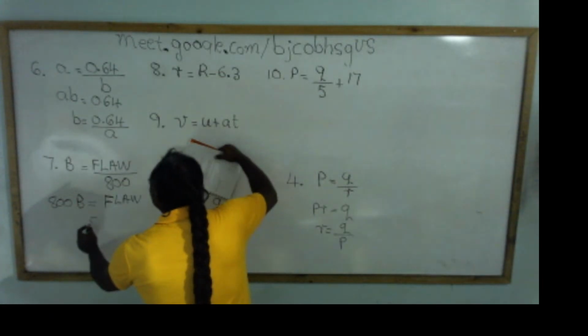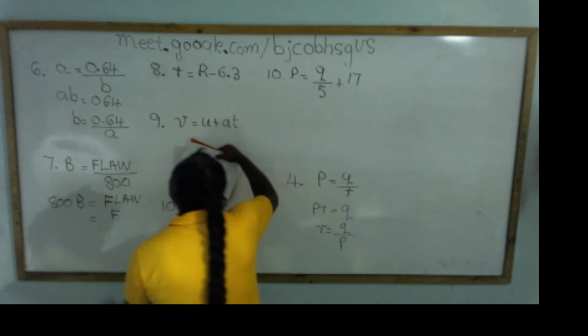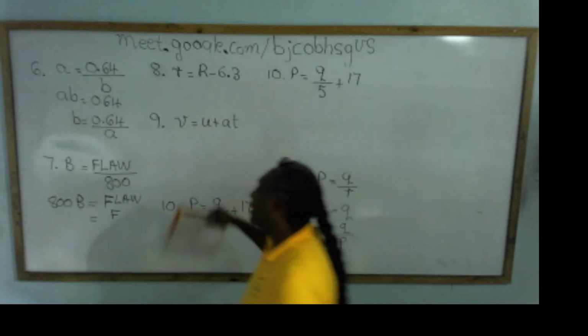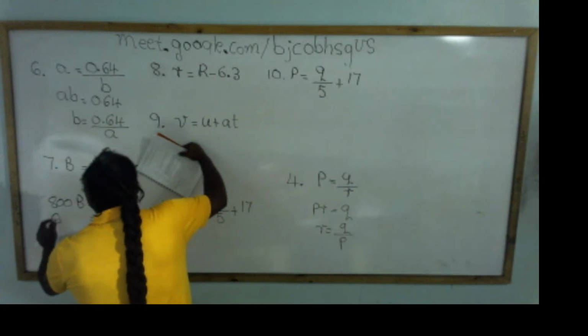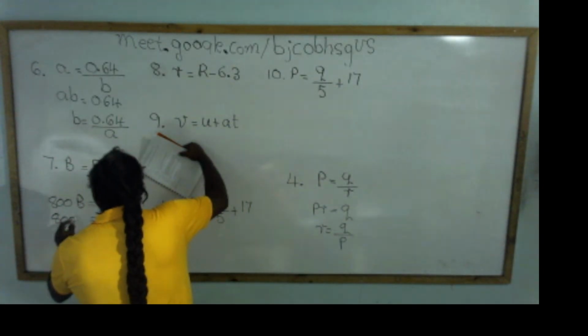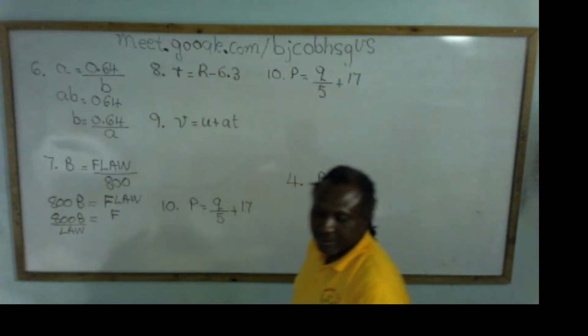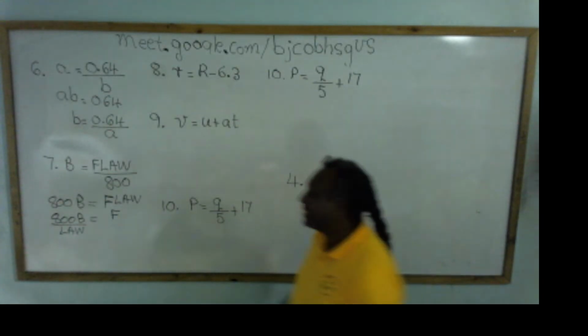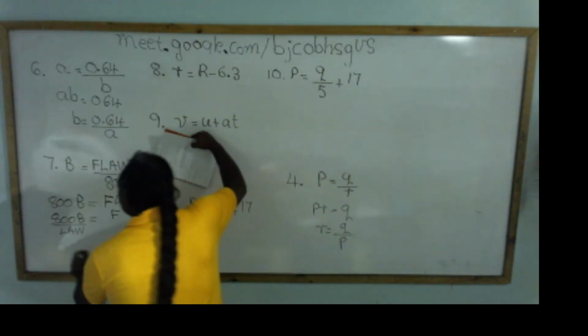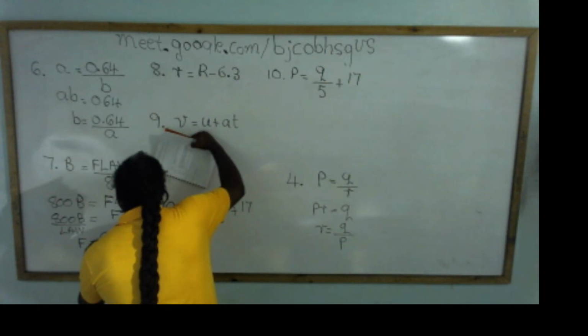What happens is that LAW will be eliminated from the right-hand side, and on the left-hand side we have 800B over LAW. And then finally, turn the equation around. We have F is equal to 800B over LAW.